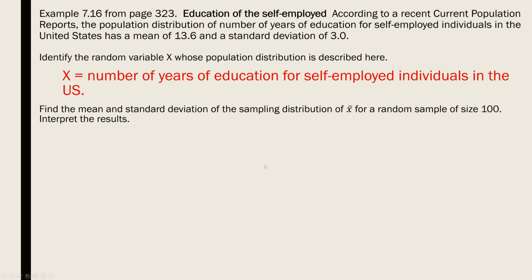Next question. Find the mean and standard deviation of the sampling distribution of x bar for a random sample of size 100. Interpret the results. So again, the sampling distribution of the sample mean will have a mean equal to the mean of the population distribution, and the standard deviation of the sampling distribution of the sample mean should be calculated in this way.